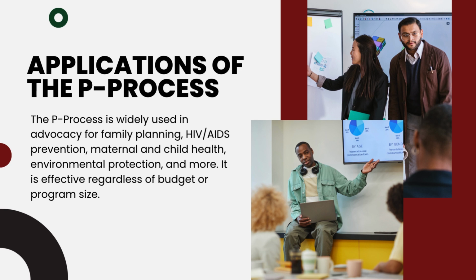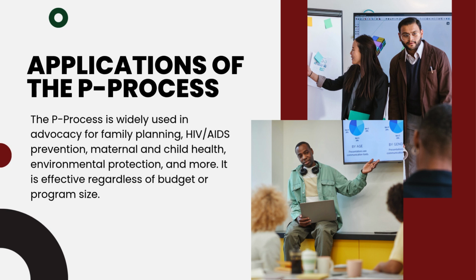So the P process has been used in many contexts worldwide. In family planning, when we wanted to reduce teenage pregnancy; in HIV and AIDS campaigns, where we want to reduce the stigma and encourage testing; in maternal and child health, wherein we want to promote safe childbirth practices. And we also have environmental advocacy, like promoting tree planting or zero waste programs.